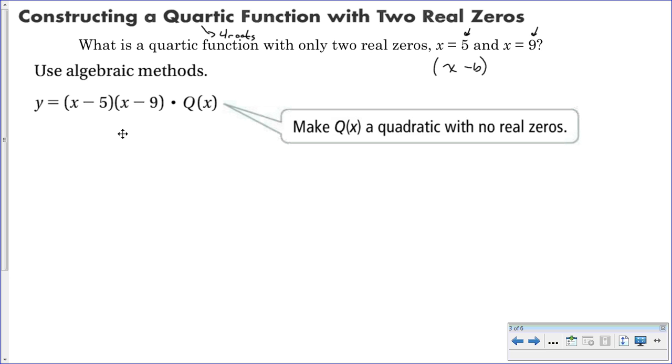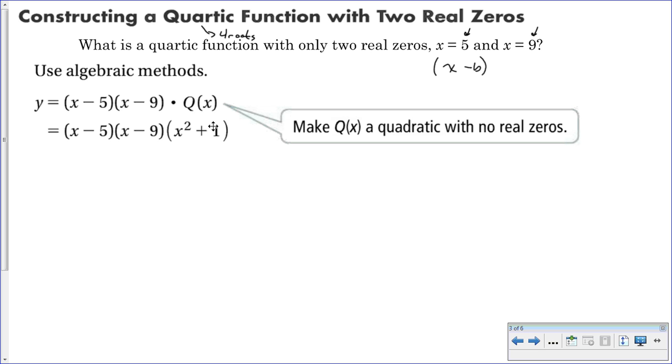Well, how do you do that? How do you write a quadratic with two non-real zeros? Simple. You do x squared plus a squared plus b squared, because if you remember the special case chart, a squared plus b squared factors into a plus bi and a minus bi. So both of those come out to be imaginary roots.